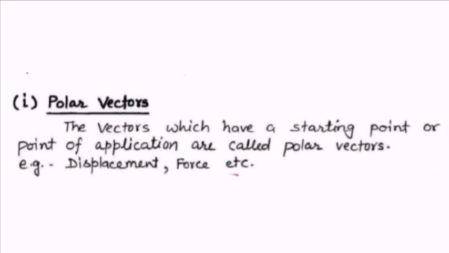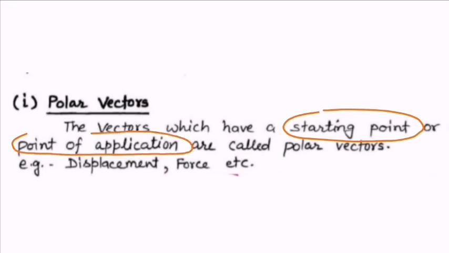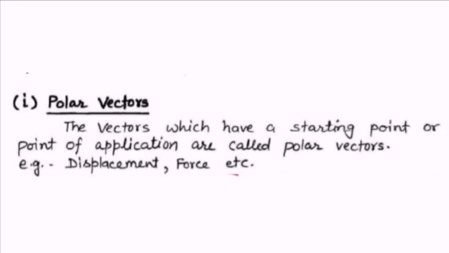The vectors which have starting point or point of application are called polar vectors. Examples of polar vectors are displacement vectors, force, etc.